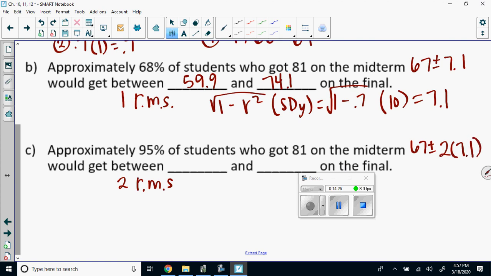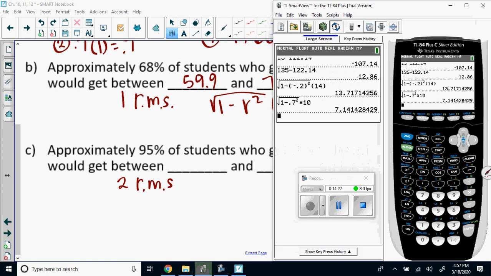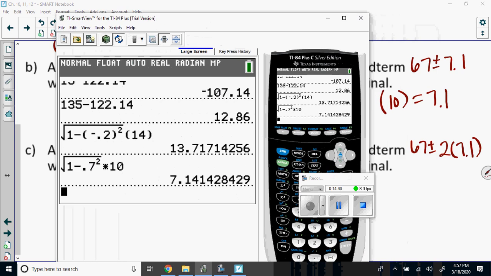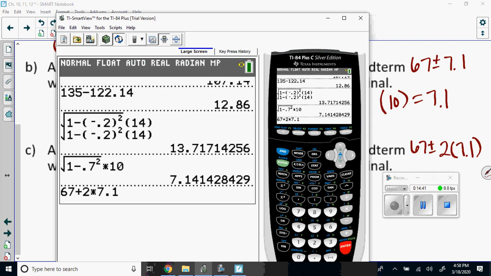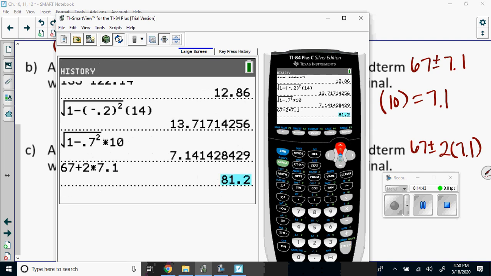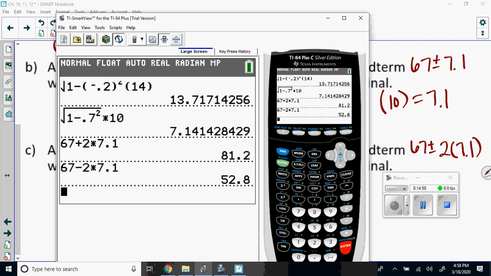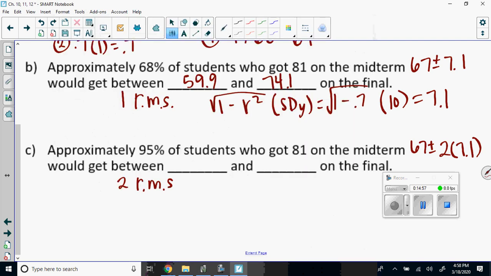And I do need to pull my calculator up for that one. 52.8 to 81.2.